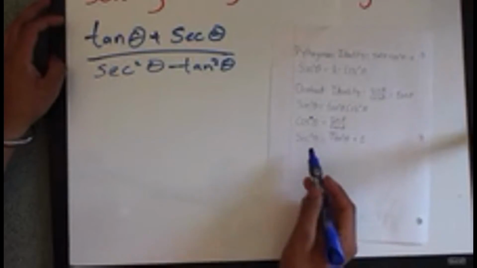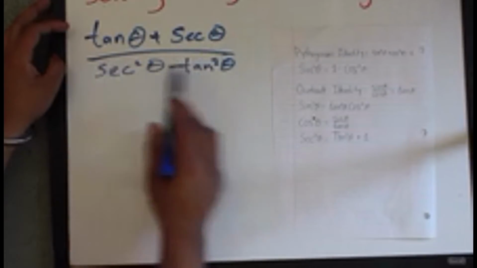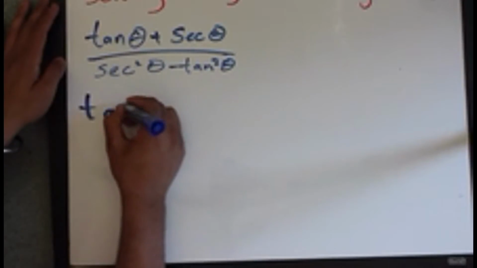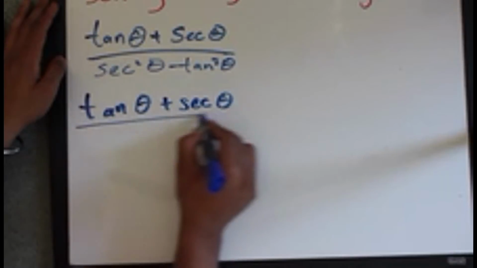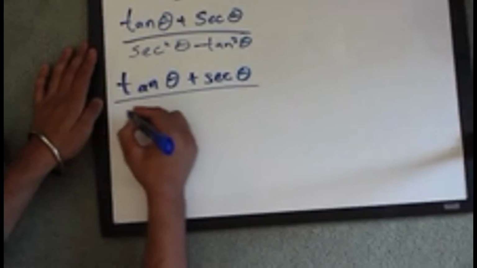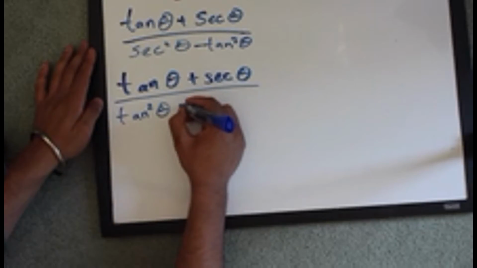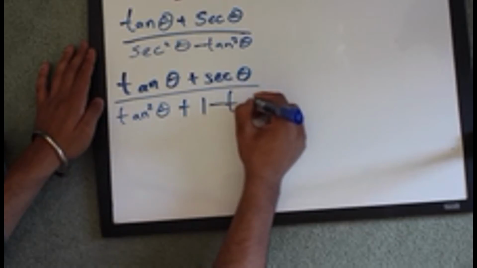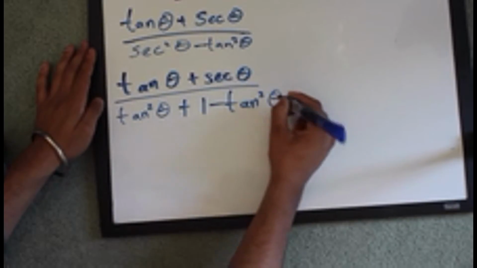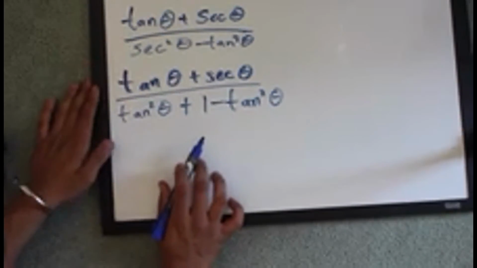Now using the Pythagorean identity, we can replace secant squared theta. So tan squared theta plus 1 is equal to secant squared theta.